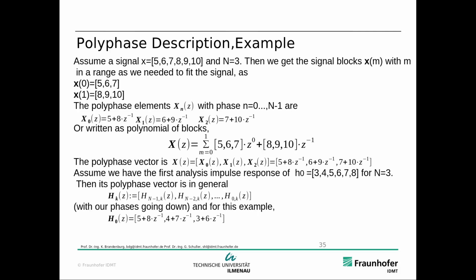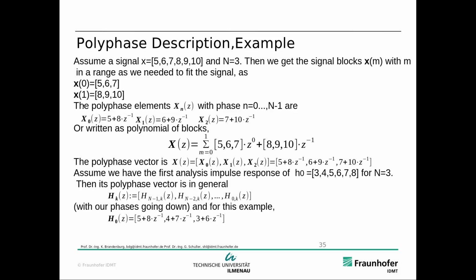Yeah, here's an example. Assume we have a very simple signal here, 5, 6, 7, 8, 9, 10, and capital N equals 3. Then we get signal blocks xm with m at the lower sampling rate in the range as we need to fit the signal. So here we have x0, 5, 6, 7, x1, 8, 9, 10. So we have two blocks, right?